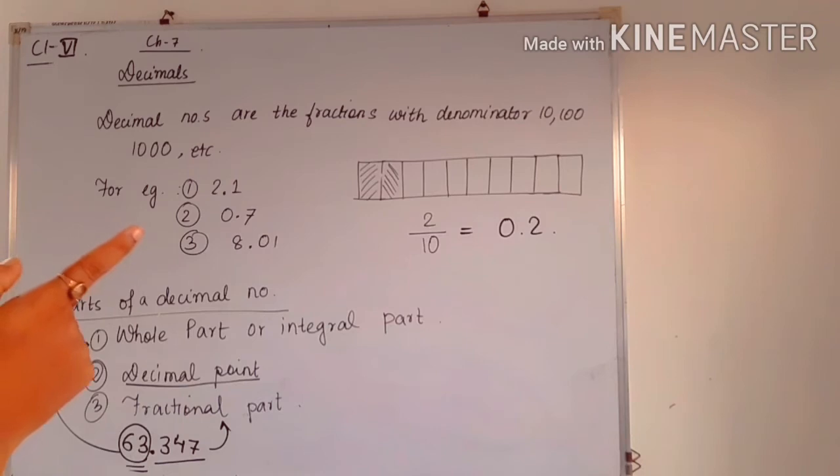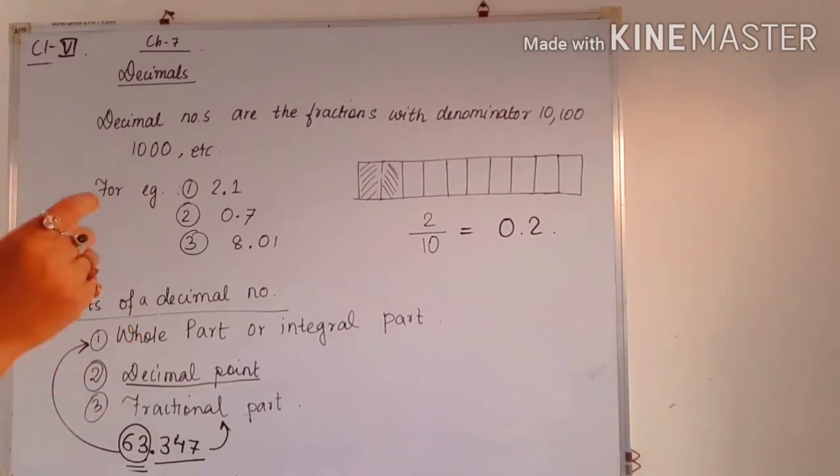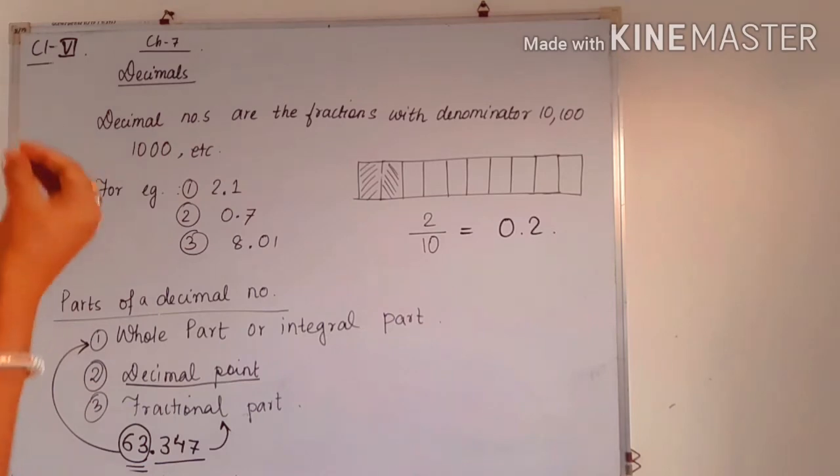Then comes the decimal point, then 2. What is the meaning of 2? 2 is the fractional part, the part which we are taking out, so the shaded part is 2. This will be read as 0.2.